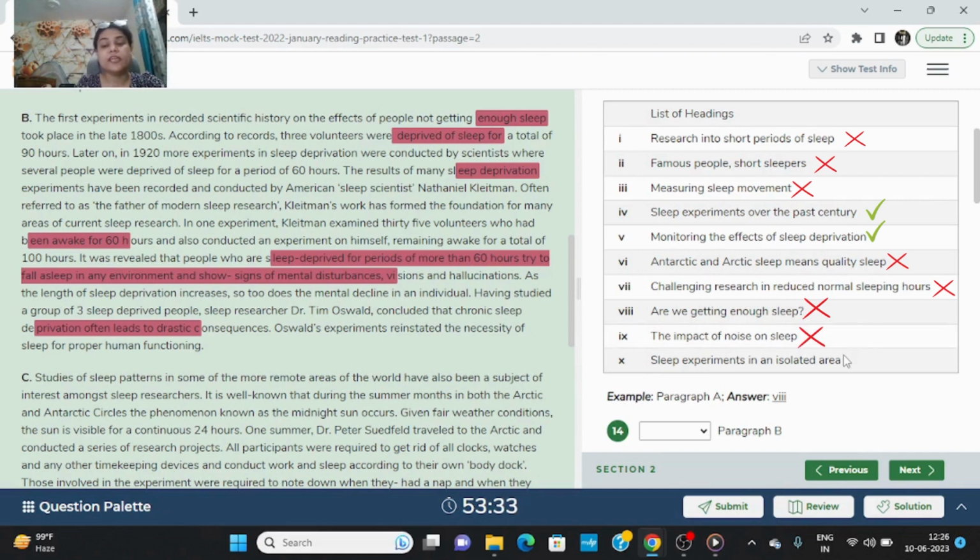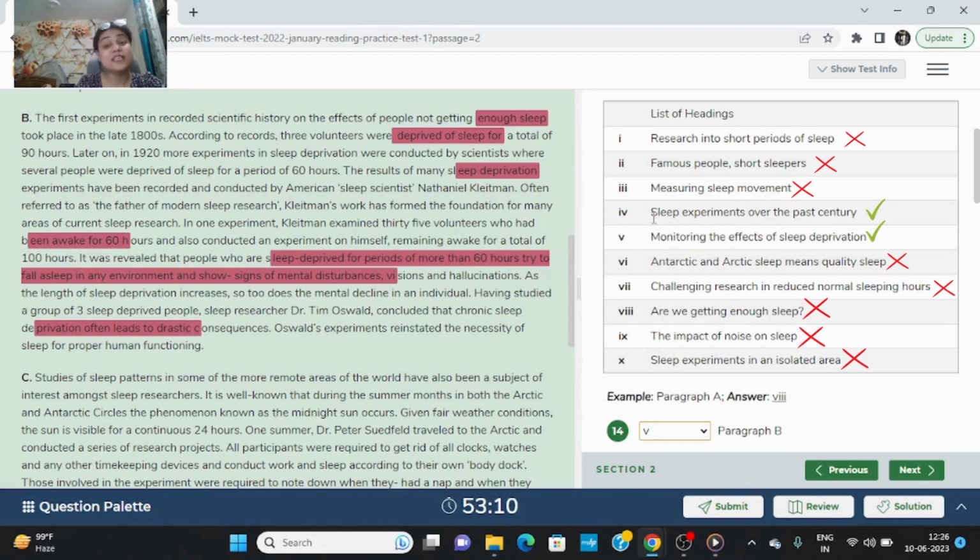No, they are not talking anything about noise. Sleep experiment in an isolated area. No, they are not talking anything about an isolated area. So I had a doubt on the fourth one, and now I got my correct answer, that is the fifth one. So I will be writing in front of B, fifth, and I will move on.